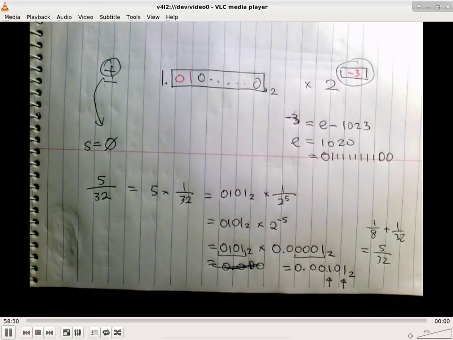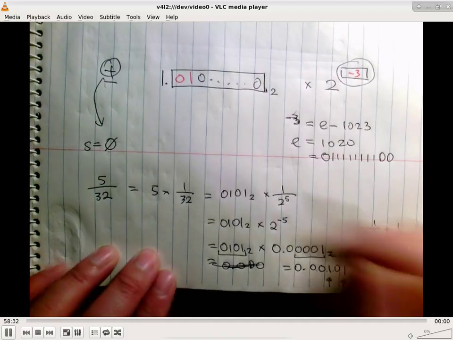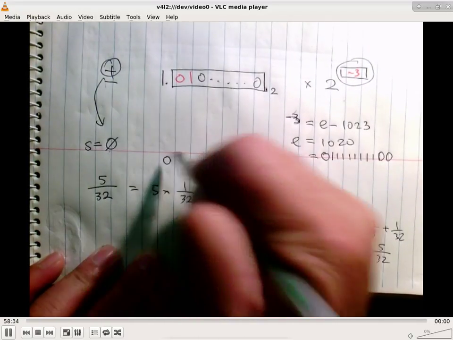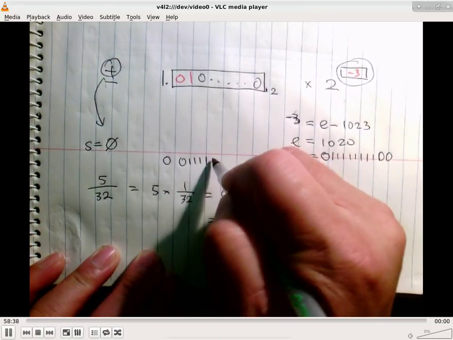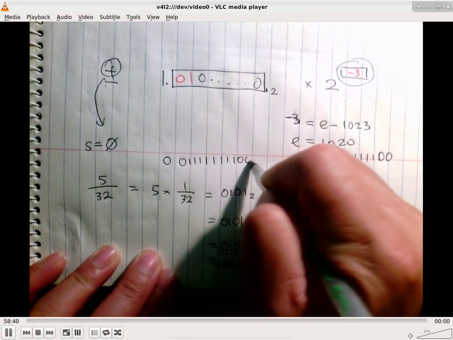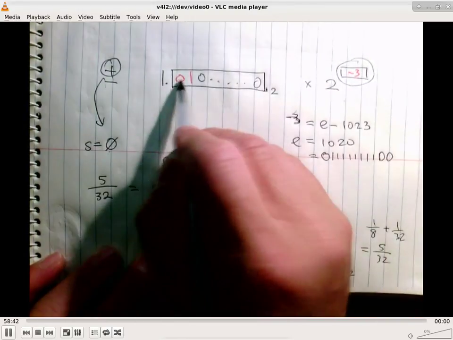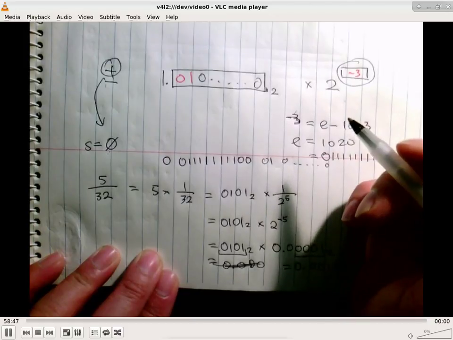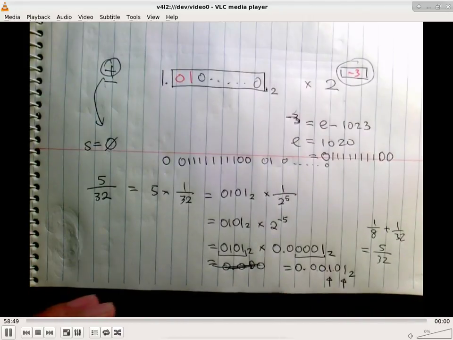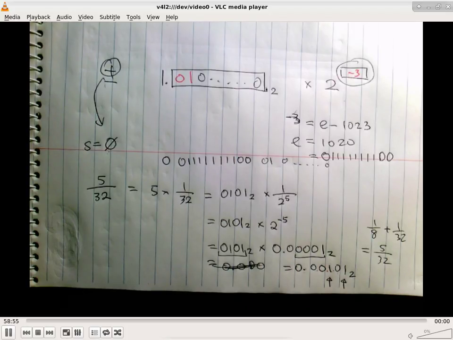So when you string the whole thing together, it becomes 0 for the sign, 0, 1, 1, 1, 1, 1, 1, 1, 1, 0, 0 for the exponent, 0, 1, followed by all zeros for the fractional part of the mantissa. So now we convert this into a hexadecimal number, and then we use the same trick but this time in GDB, and see whether we get 3/32 back.